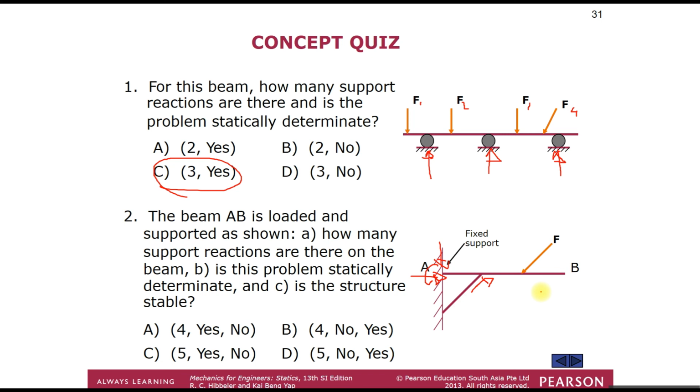So is the problem determinate, even though we have 4 reaction forces? And C, is the structure stable? Do we see the structure as stable from here?